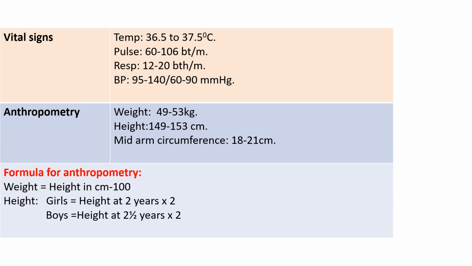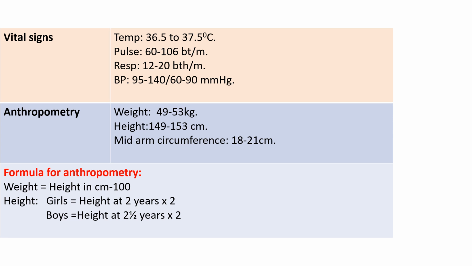It has reached the adult level now. Anthropometry, weight is 49 to 53 kg, height 149 to 153 centimeter, and mid-arm circumference 18 to 21 centimeter.